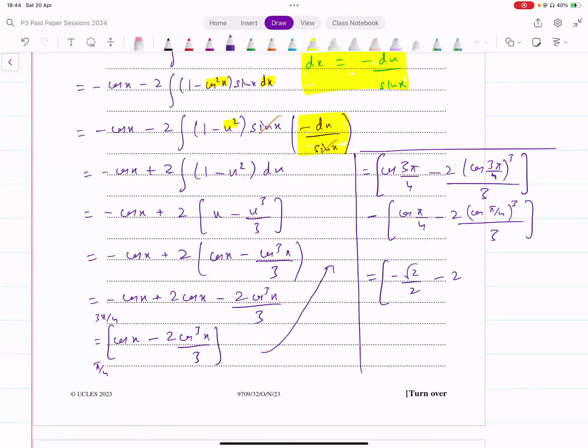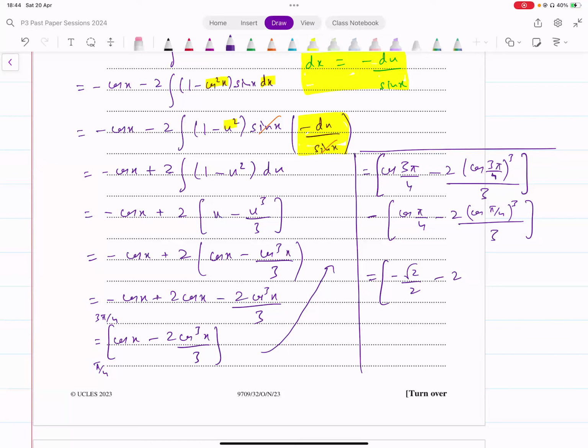Let's do that directly. 2 into cos of 3 pi over 4 whole cube of that divided by 3.